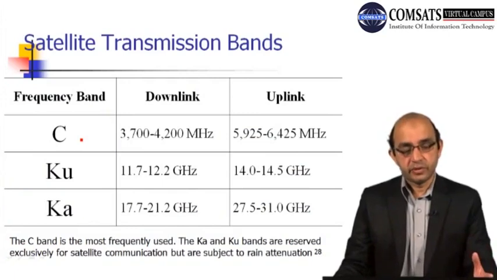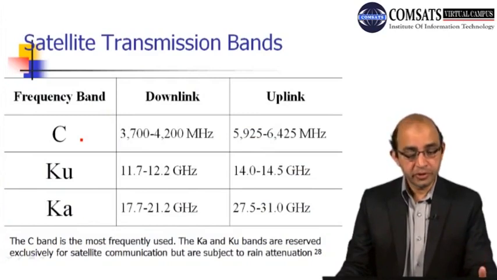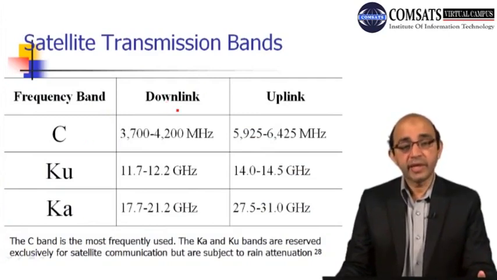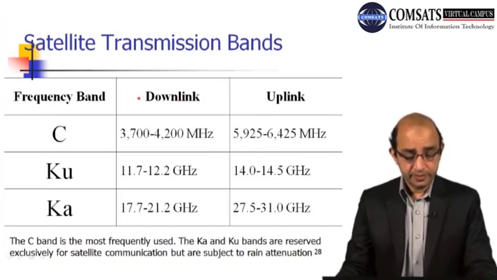So here we have shown the bands which are being used mostly, with their downlink and uplink frequencies. As mentioned, whenever we are using satellite communication, we use one frequency for downlink and another frequency for uplink. So for C band, you can see that the downlink frequency is between 3700 to 4200 megahertz, and for uplink we have 5925 to 6425 megahertz.